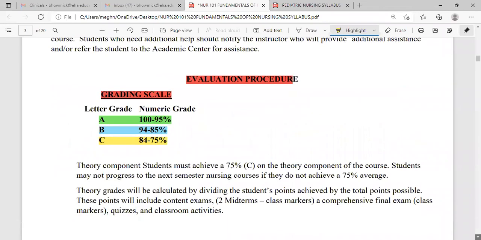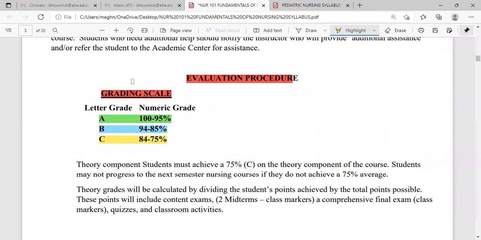Here, I'm going to share with you the grading scale system. If a student gets between 100 to 95, they're supposed to get A. If between 94 to 85, you're supposed to get B. If you get 84 to 75, C. Less than 75, basically fail.